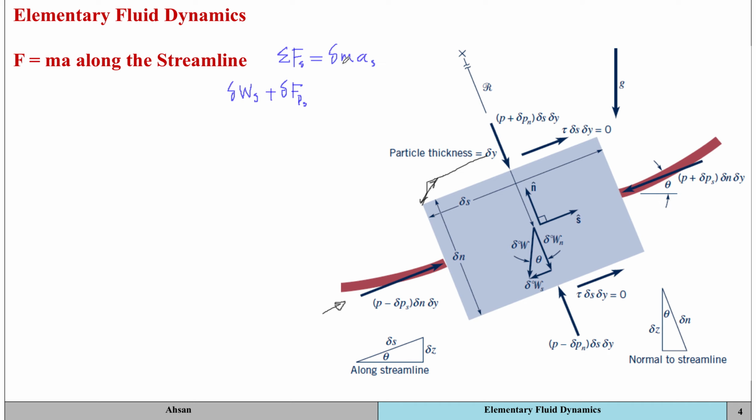And then we can equate it to, we already know what the streamwise acceleration was, so we can substitute that here, and that would be V times partial V by partial S.